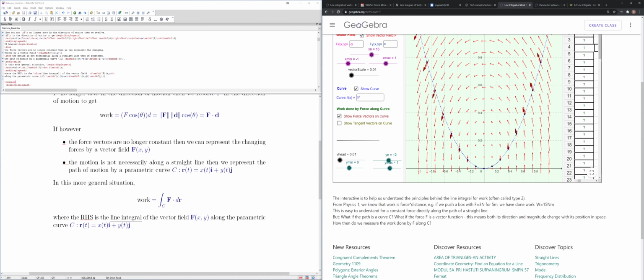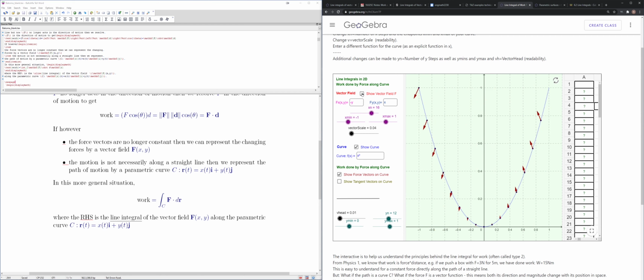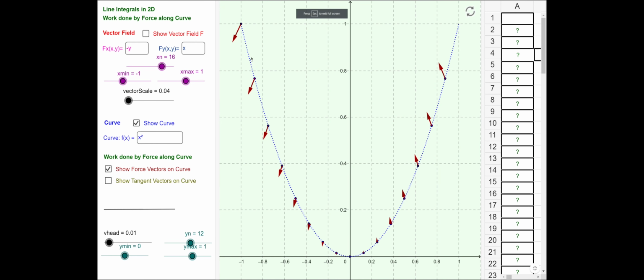It's the entire vector field, but all you're really looking at is the vectors along the curve C, these vectors over here. So the curve C, an example of which is this blue dashed line here.